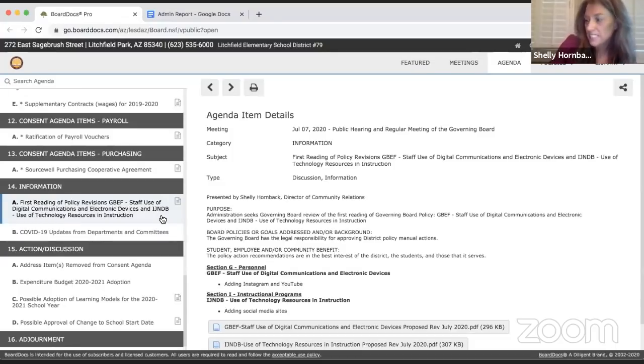These proposed updates reflect the multi-layered platforms that we use to connect with our students, our families, and our community. And by updating these policies, we can strengthen our staff training with clear expectations about how and when our staff members interact with students, families, and the community when they're in an online setting.